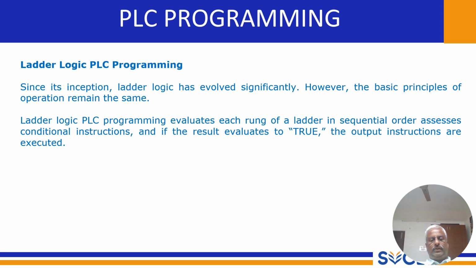So what this second paragraph is trying to explain is that the PLC basically takes the decision and produces the output based on the logic, especially true or false. We'll discuss them in detail later.